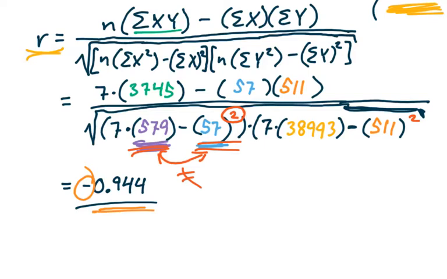The closer it is either to -1 if it's negative, or to +1 if it's positive, the closer the numerical part is to 1, signifies the stronger that linear correlation is, and thus it will be a better predictor of our expected value if we want to use this to project. Say, suppose our student had this many absences, what would we expect their final grade to be? So that's the purpose of doing this type of statistics.